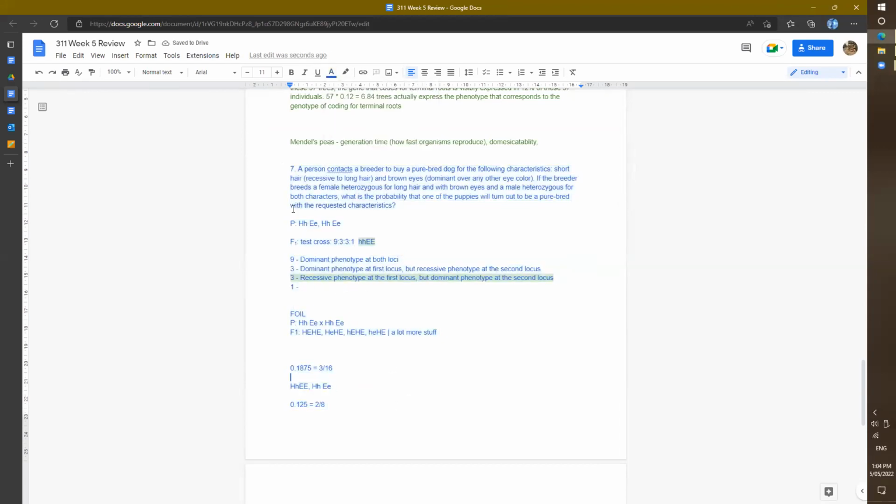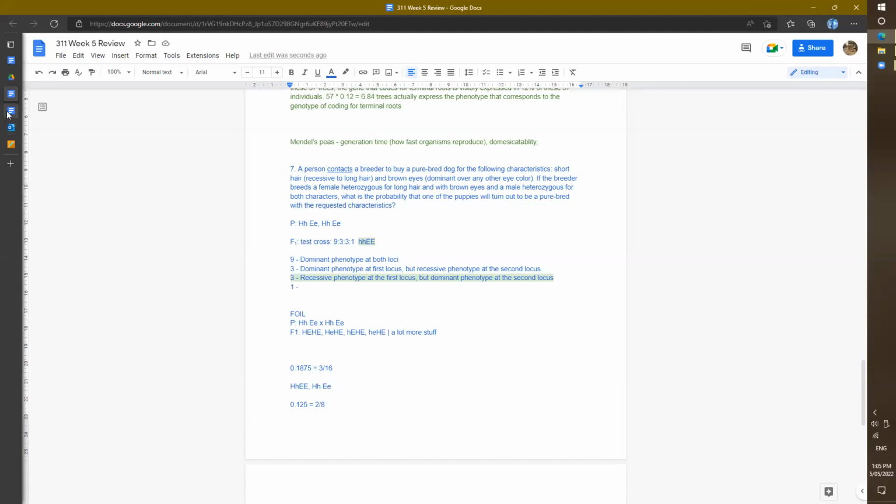So what we have is a person, it's the same situation, except the person wants the same kind of offspring. However, they are now crossing different parents. So our female was previously homozygous recessive, and now both parents are heterozygous.